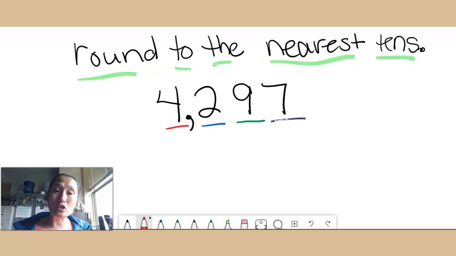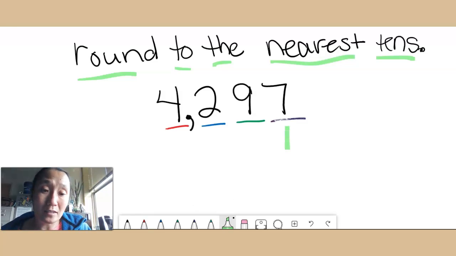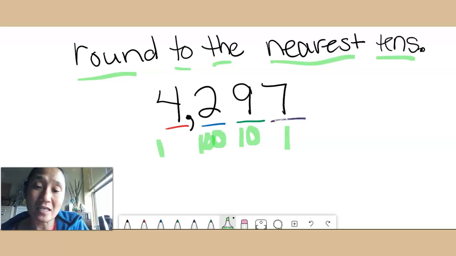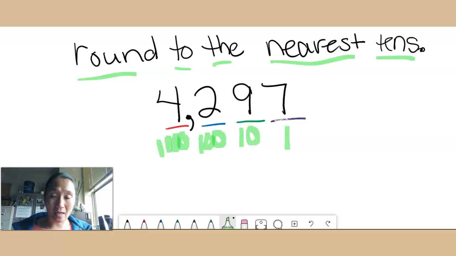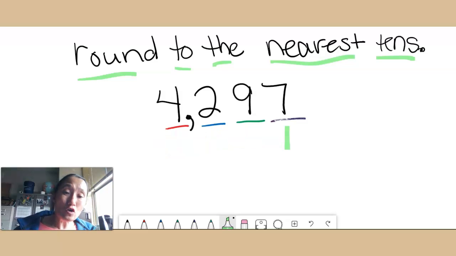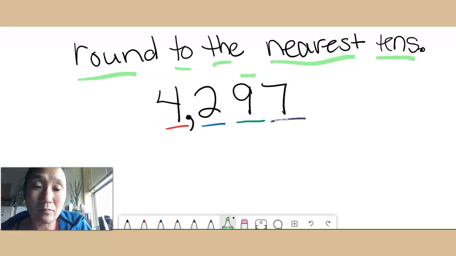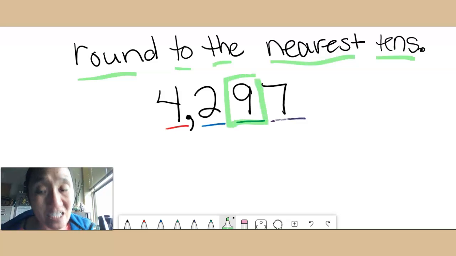So we need to look at the nearest tens place. So remember, this is the ones, the tens, the hundreds, and this is the thousands.